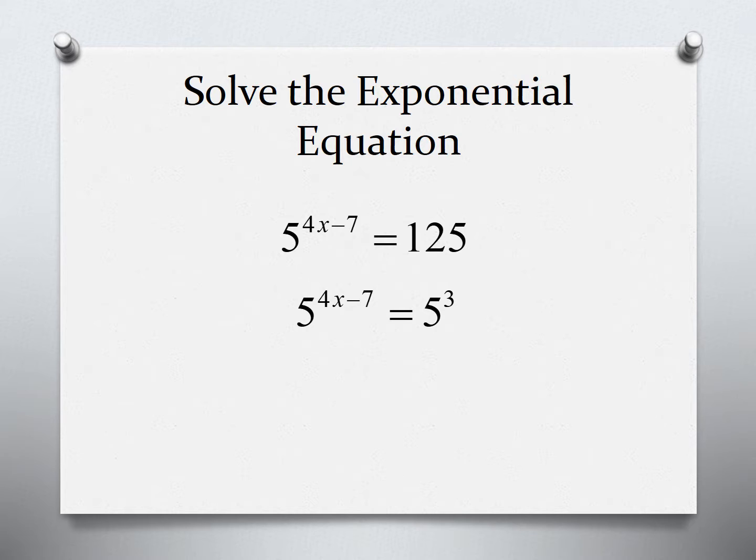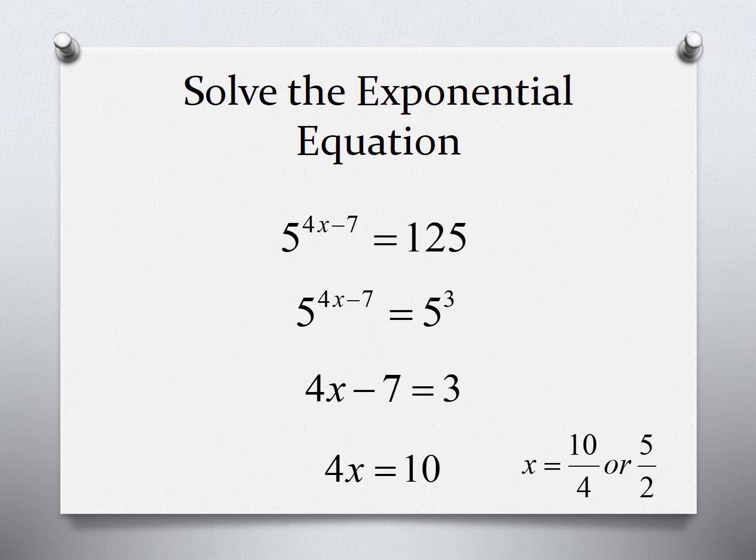Now we can draw the conclusion that 4x minus 7 equals 3, because those two sides of our equation have the same base of 5, so their exponents must be equal. And of course we can solve this very basic equation: 4x minus 7 is equal to 3 means that 4x is equal to 10 if we add 7 to both sides. Then if we divide by 4, we discover that x is 10/4, or x is 5 halves.